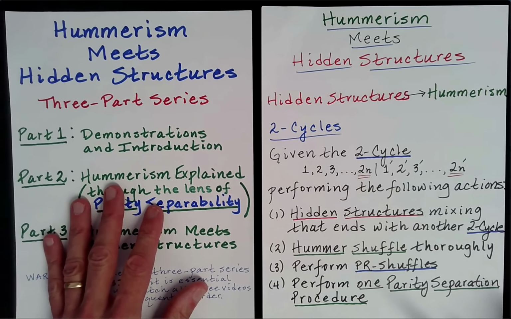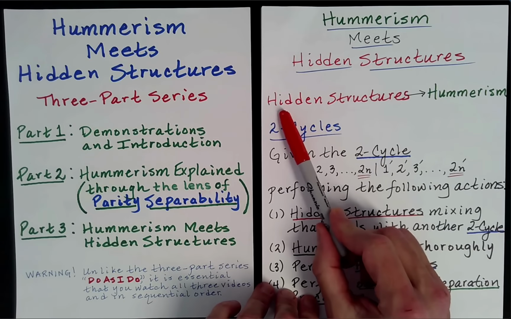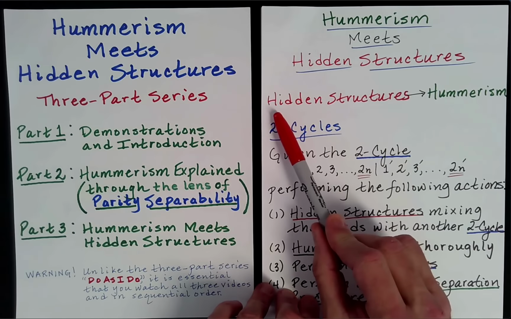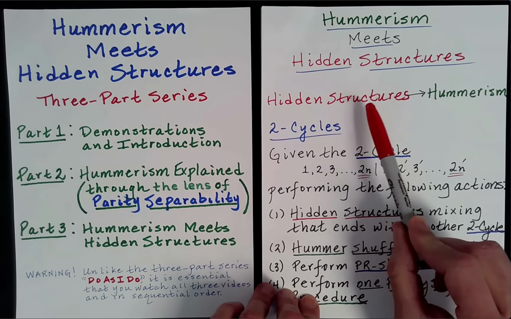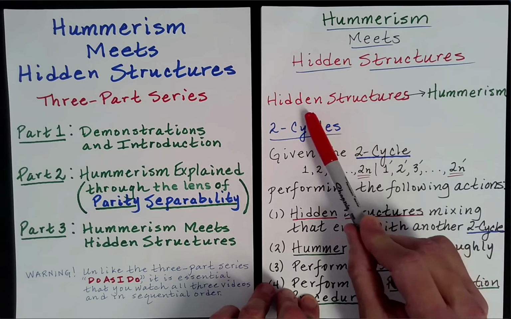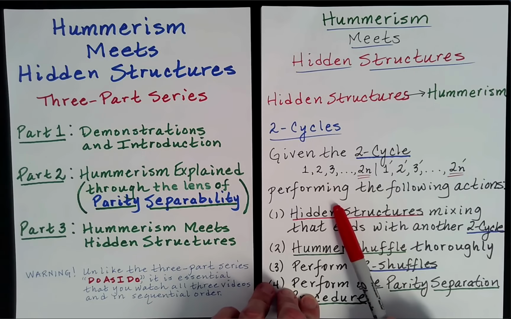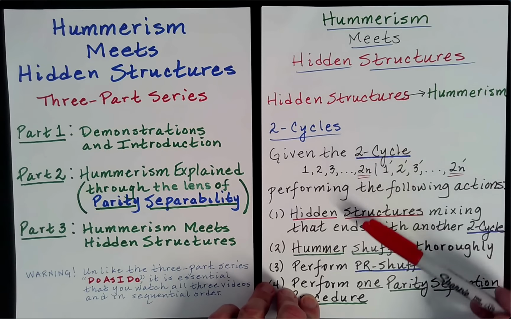What we're going to do here is look at two directions. The first one is we're going to go from a hidden structure type of arrangement and take it into the world of Hummerism. When we're done with that, we're going to reverse the arrow.